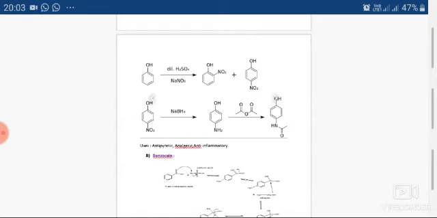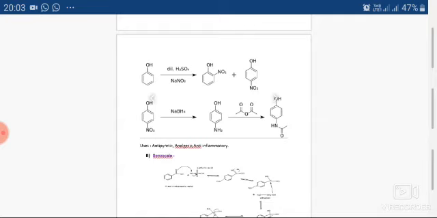So now we have trouble, and this trouble can be overcome by using fractional distillation. To separate these two ortho and para isomers, we can use fractional distillation, and so that we will get pure paranitrophenol.